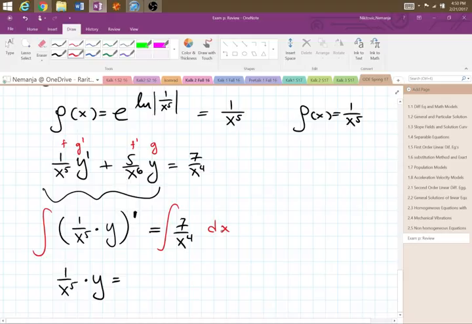So when we integrate this, we get what? Anyone? Can anyone integrate 7x to the negative 4? Or we're just doomed in 2 days?